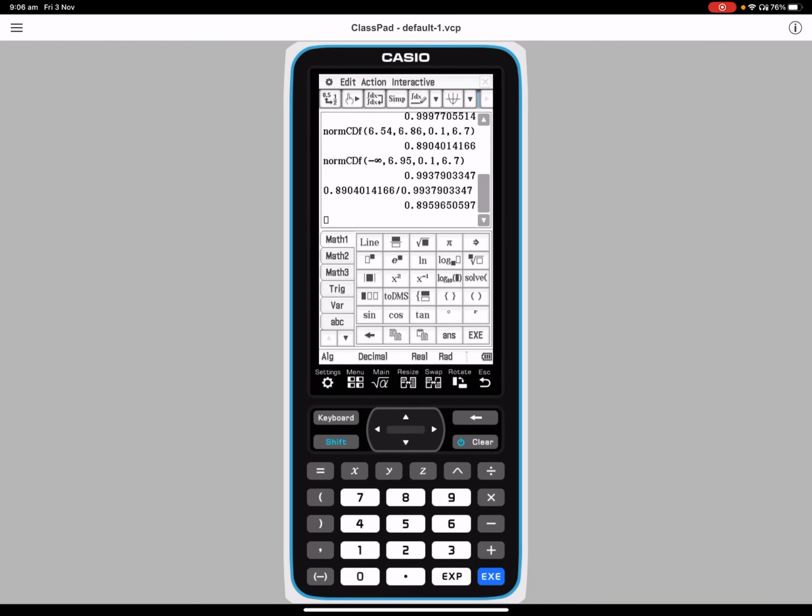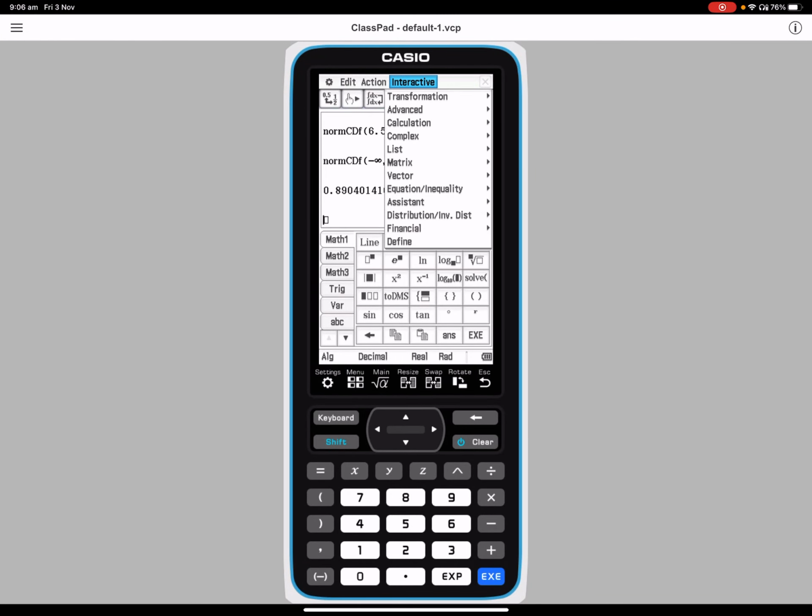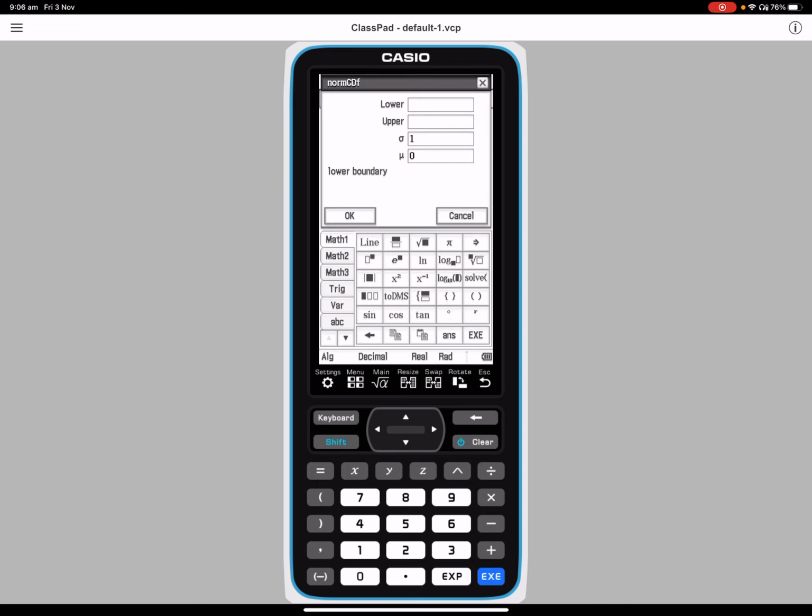So we can chuck this in our calculator and go from 6.54 to 6.86. Standard deviation we don't know.